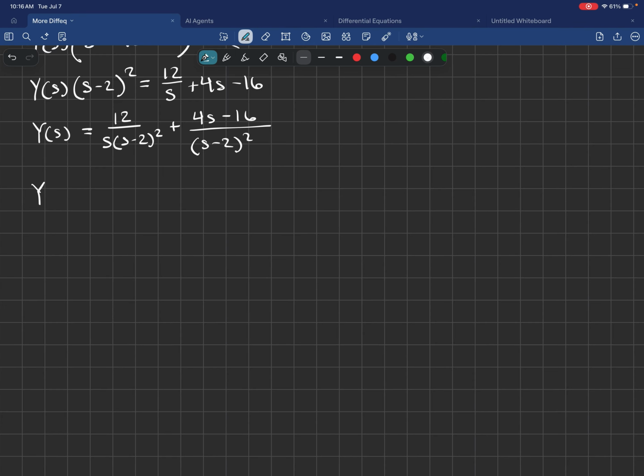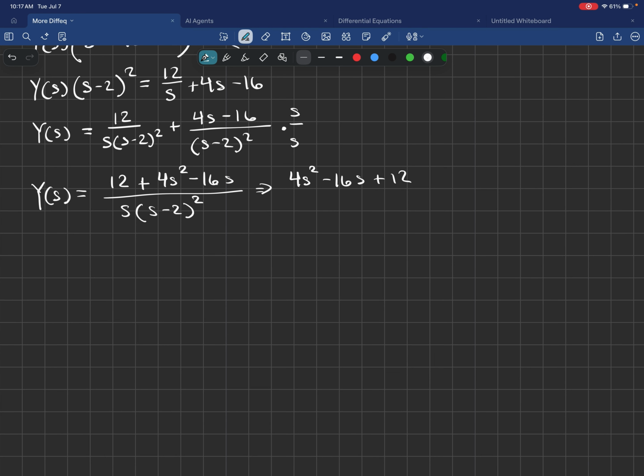So we're going to multiply s over s. So this becomes 12 plus 4s squared minus 16s all over s times s minus 2, all that squared.